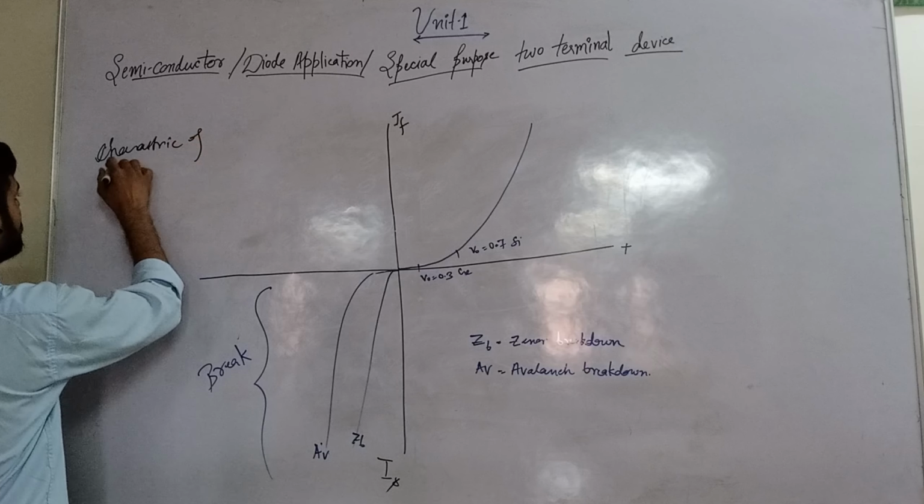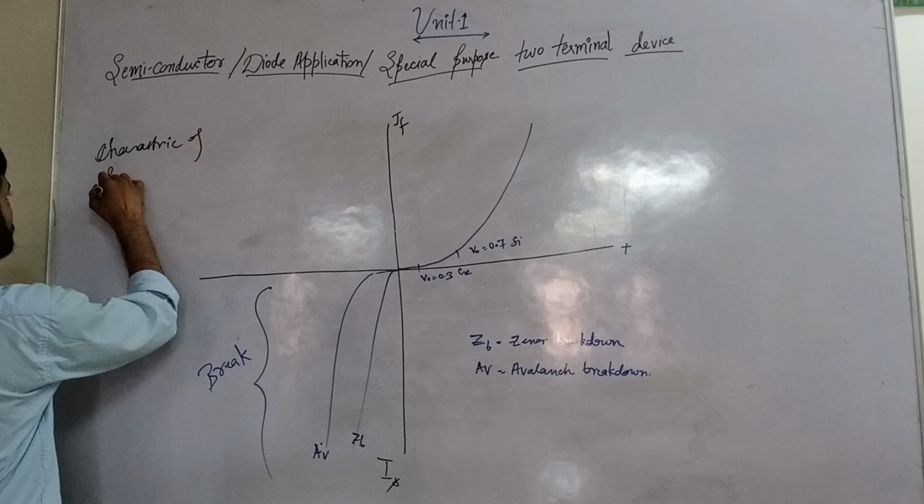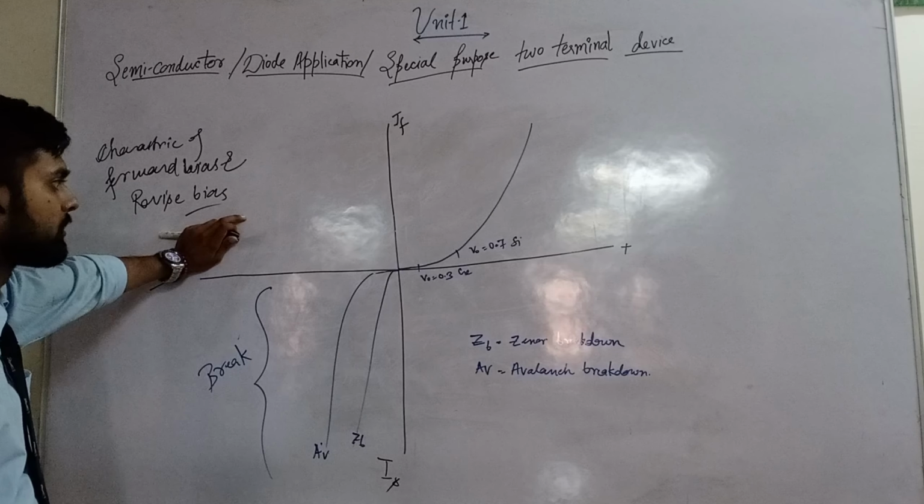Characteristics of forward bias and reverse bias. This is the graph of forward bias and reverse bias.